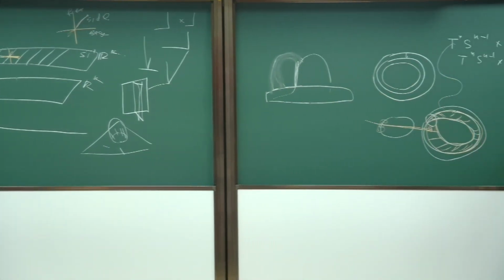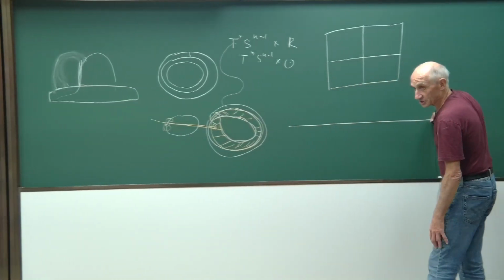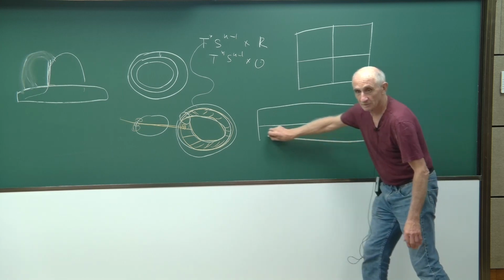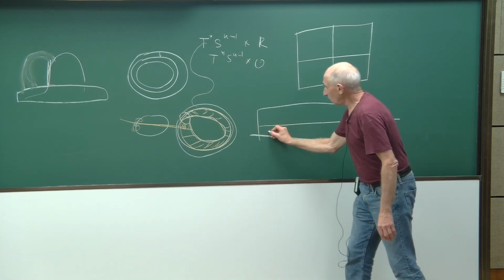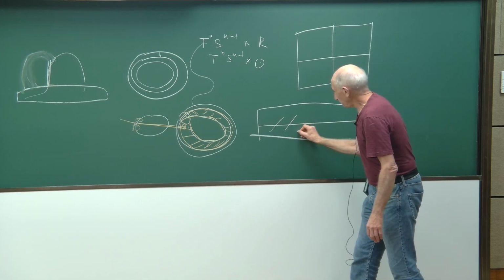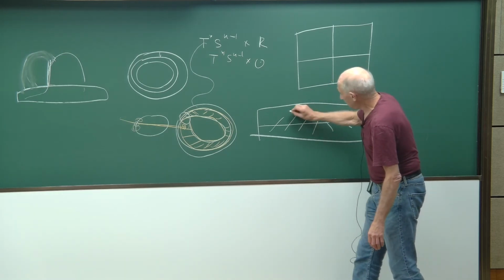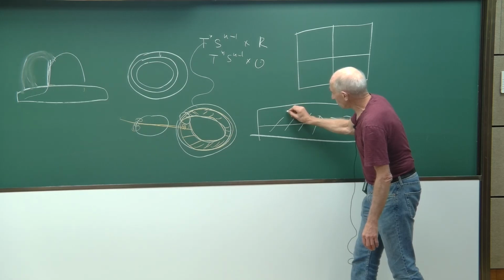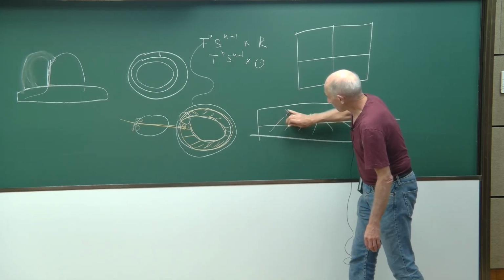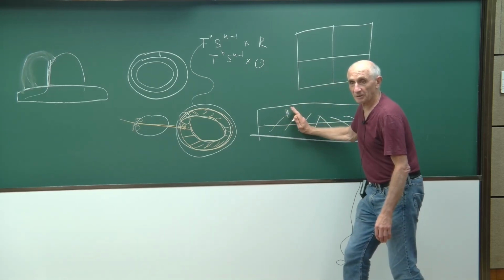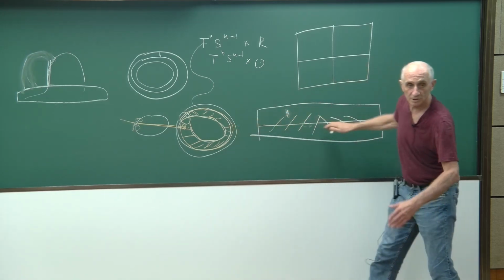So it amounts to the following problem. You have a Lagrangian in the cotangent bundle, like the zero section, and what I call a Lagrangian plane field, let's call it lambda or mu. So mu is a field of Lagrangian planes in the cotangent bundle along the zero section.